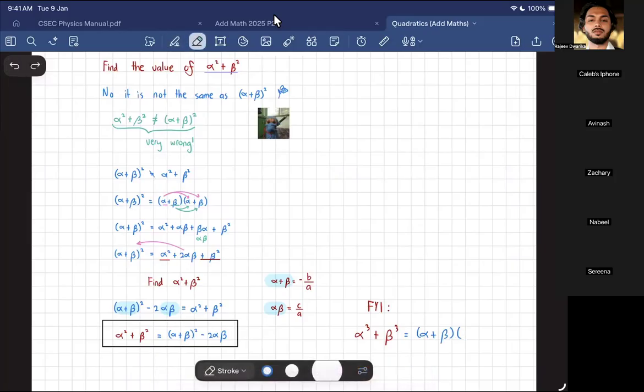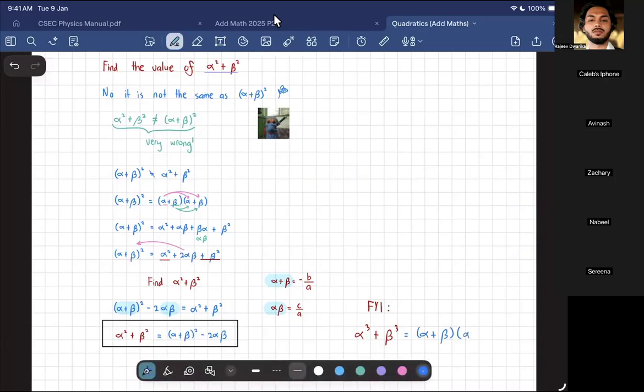Is there any easy way to write this? It would be alpha squared. Yeah, so you could learn that off.